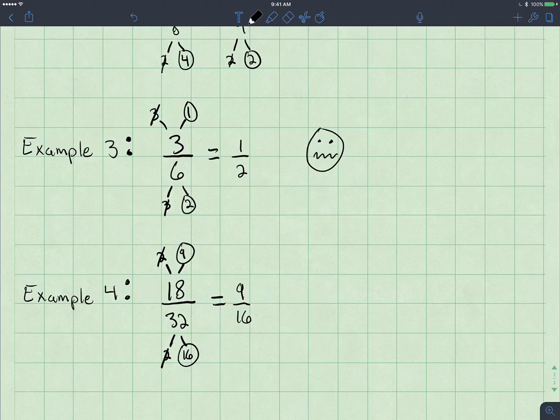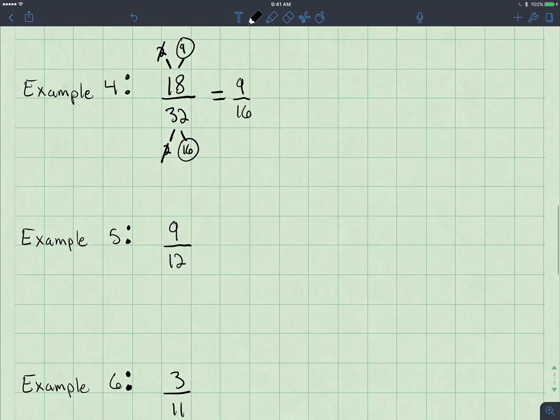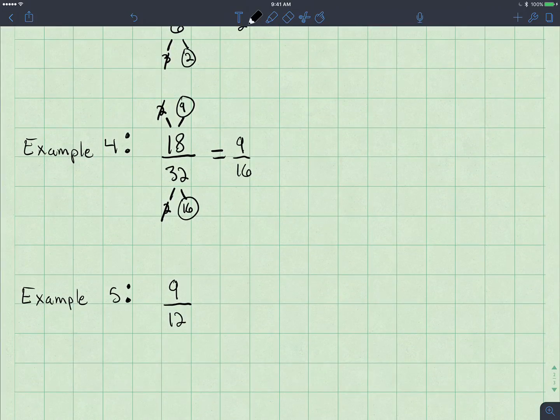9 over 16. Do I have another example down here? I sure do. Let's do 9/12. So other than 1 times 9, to get 9, we know that 9 is a composite number because we can multiply 3 times 3 to get us 9.